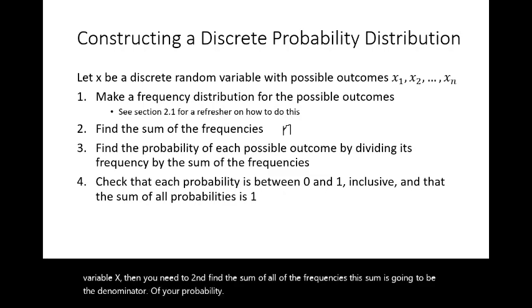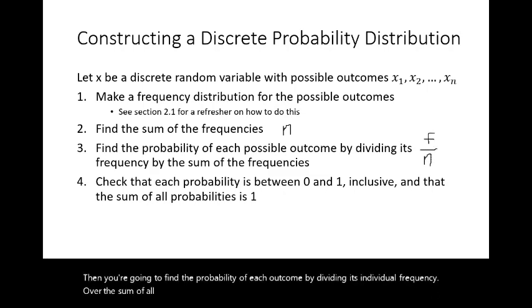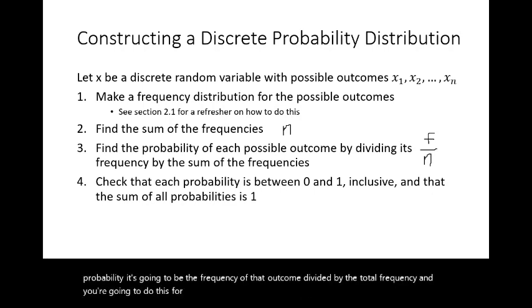Then you're going to find the probability of each outcome by dividing its individual frequency over the sum of all the frequencies. You're basically finding relative frequency. So it's an empirical probability. It's going to be the frequency of that outcome divided by the total frequency. And you're going to do this for each individual outcome, no matter how many of them there are.